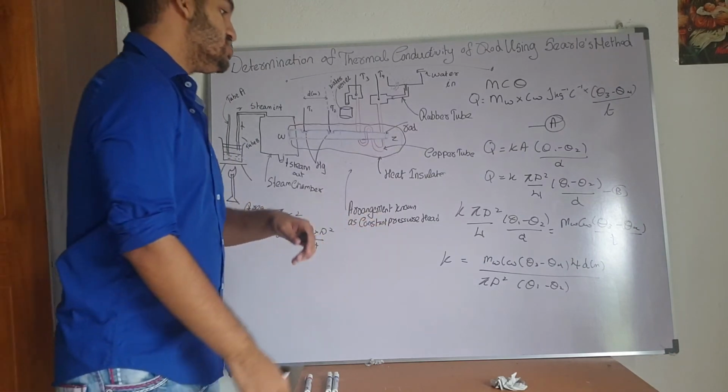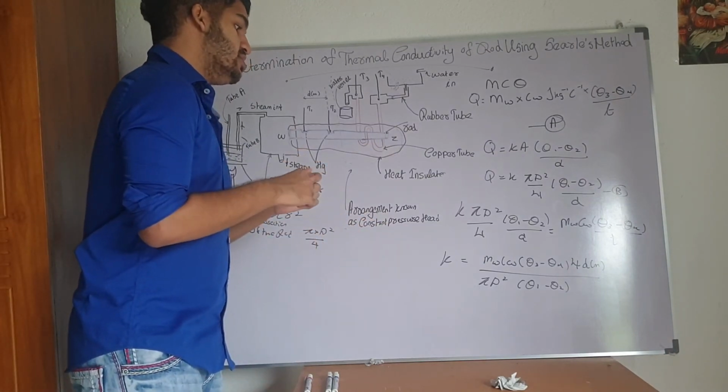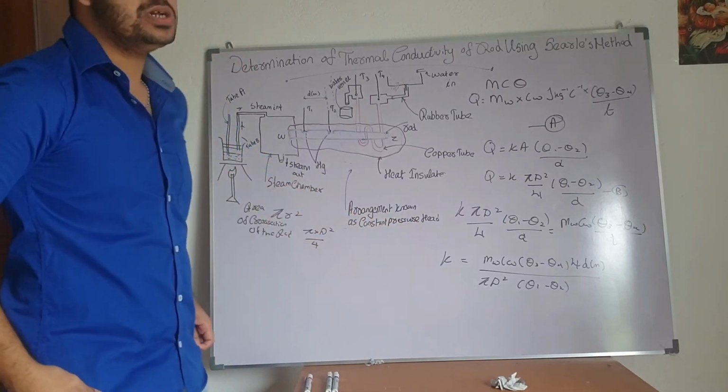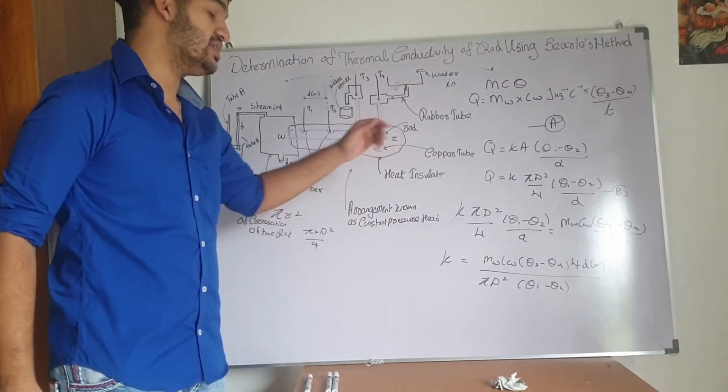This is the equation that you will be able to obtain in order to get the answer for K, the thermal conductivity of this metal rod.